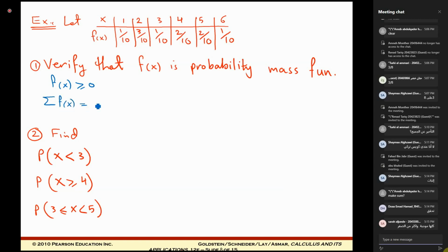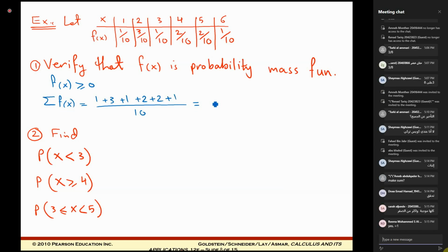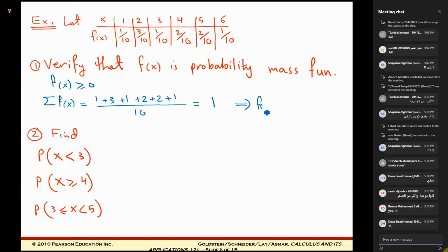This equals 1 plus 3 plus 1 plus 2 plus 2 plus 1, all over 10. So this equals 10 over 10, which is 1. So f of x is a probability mass function. Okay.